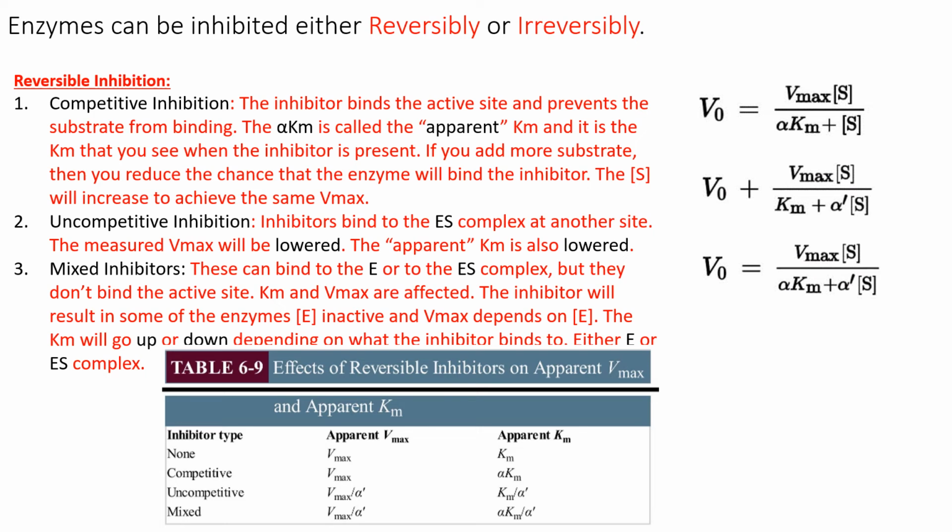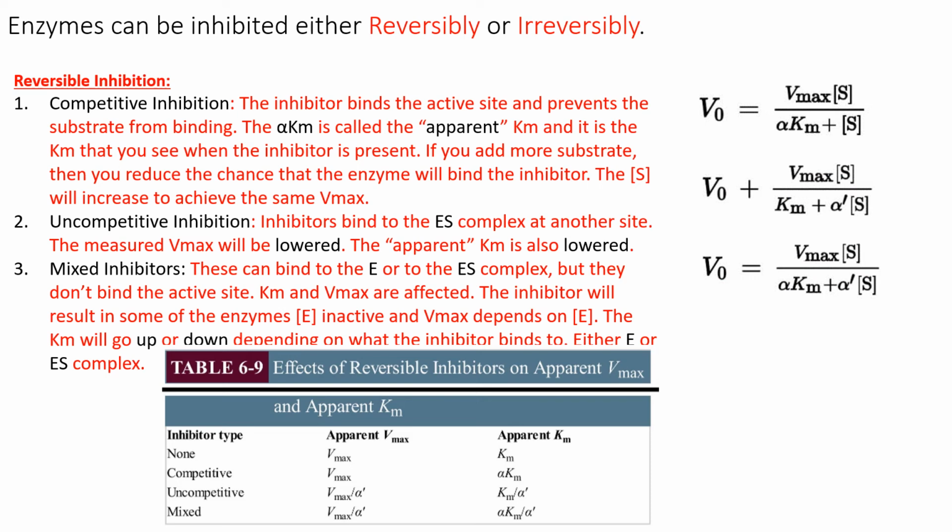And then number 3, you have mixed inhibitors. So these can bind to the enzyme or to the enzyme substrate complex, but they don't bind the active site. Km and Vmax are affected. The inhibitor will result in some of the enzyme concentration being inactive, and the Vmax depends on the enzyme concentration.